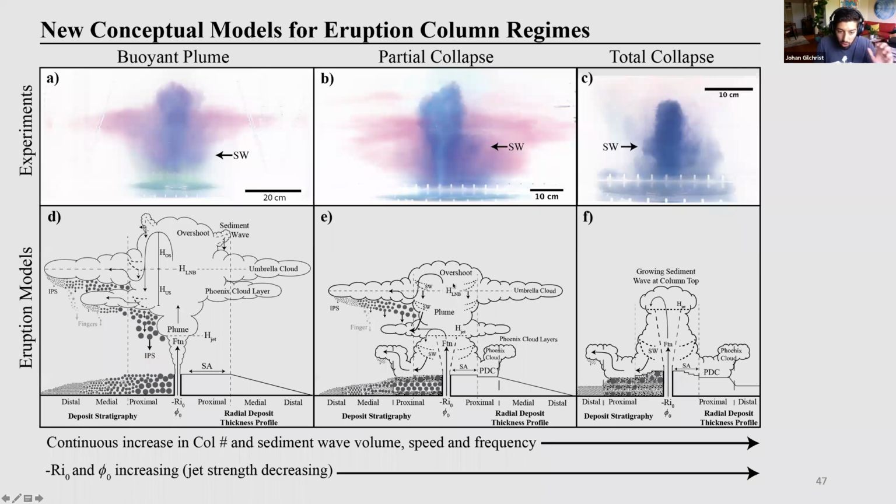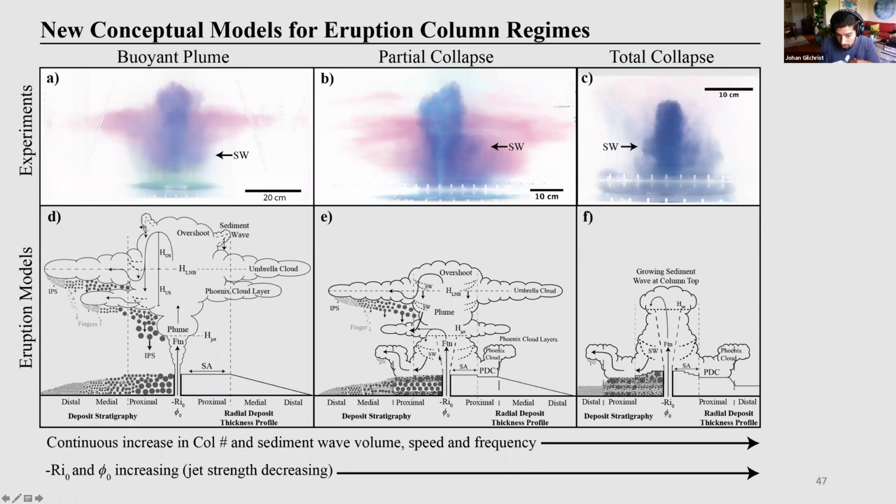And then we expect small non-axisymmetric sediment waves, which I need to change this figure actually, to fall from this overshoot region similar to the buoyant plume regime. So again, it's a combination of the characteristic features of the end member regimes occurring simultaneously in this partial collapse regime. And we also expect Phoenix cloud layers to spread from this transition height and also rising above gravity currents from sediment waves reaching the ground.